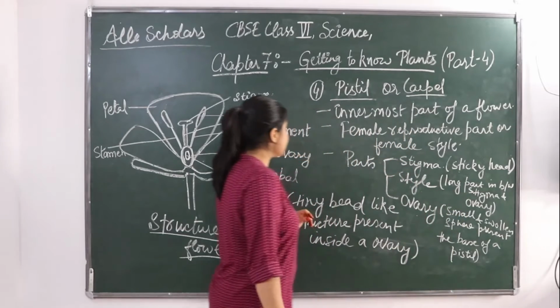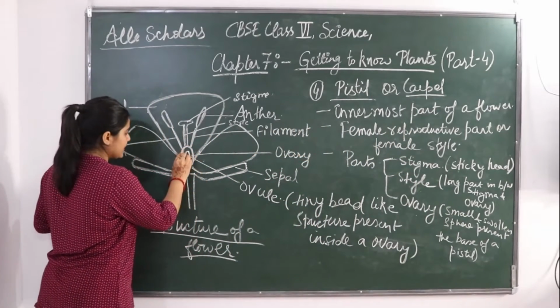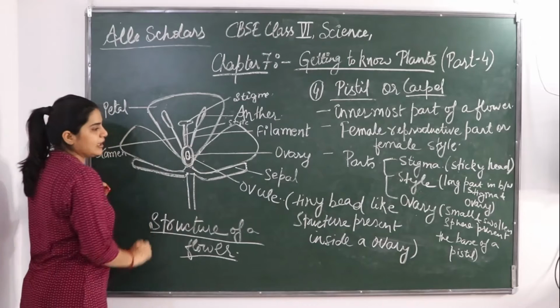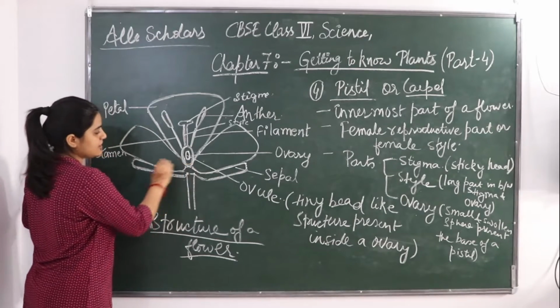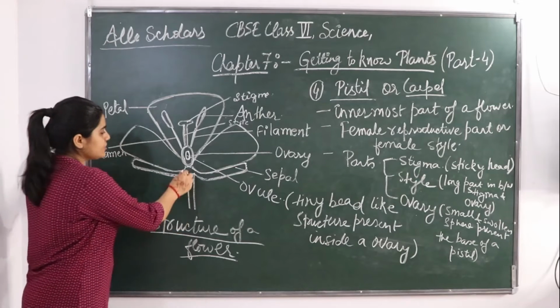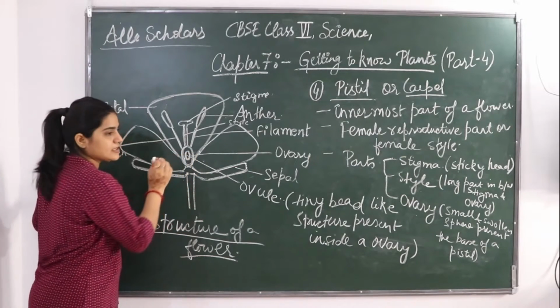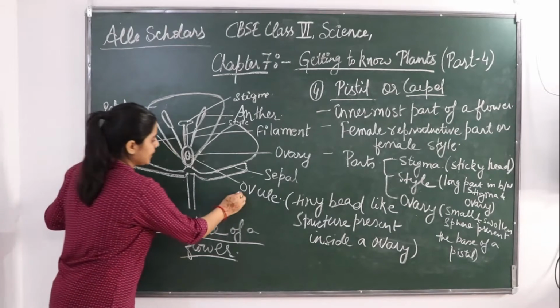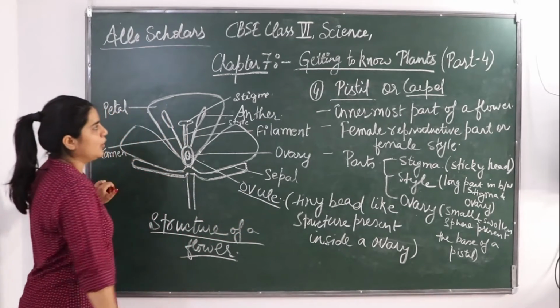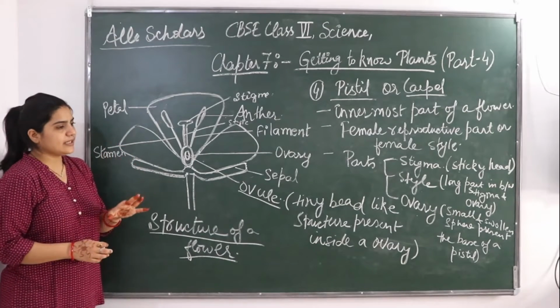Then ovary is a small swollen portion here, you can see, spherical in shape at the base of a pistil. Here at the base it is present. Okay, this ovary has got a bead-like small structure present within it, that is called a ovule. Okay, so this was about pistil and carpel.